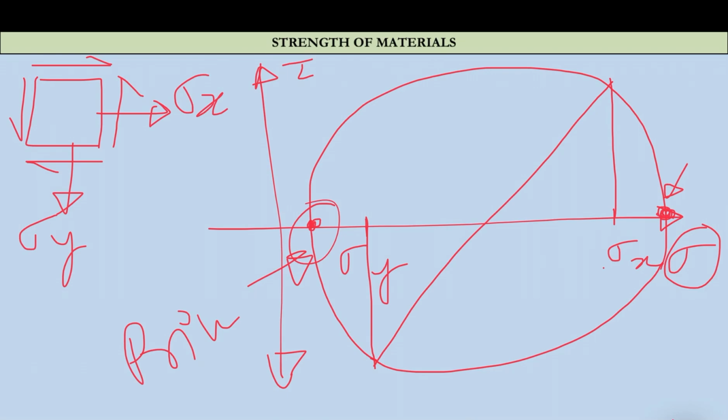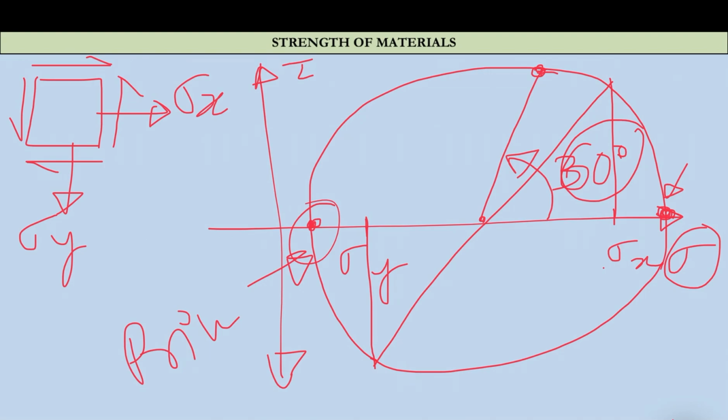And if we want to know the state of stress at 30 degrees, what we are going to do is rotate by 60 degrees, and you will have all the parameters on the plane at 30 degrees in the body. So one more very important thing: if theta is the angle in the body, that theta will become 2 theta in our Mohr circle. Okay, why?